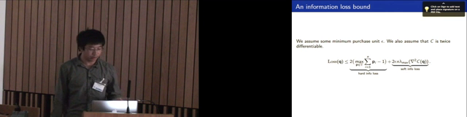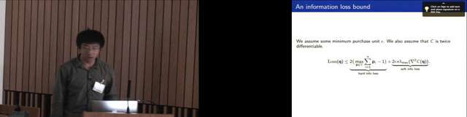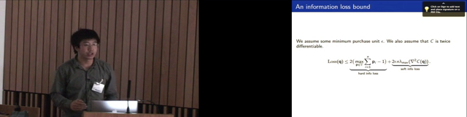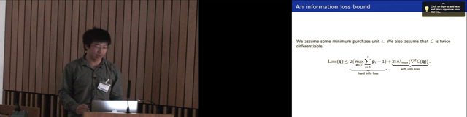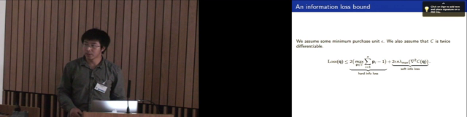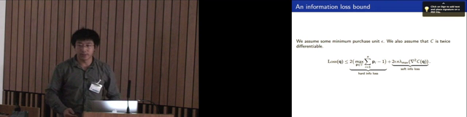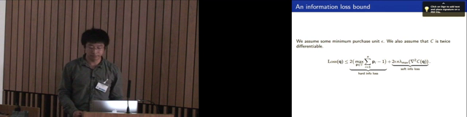We bound the information loss by two terms. The first term we call the hard information loss; it measures how much your price space deviates from the probability simplex. As you can see, it's 2 times the maximum sum of prices minus 1. The second term, which we call the soft information loss, is due to the inability to trade arbitrarily small units.